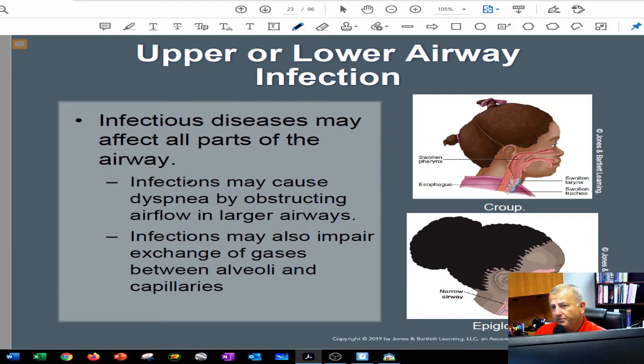We see the croup, most common in 2-year-olds and younger, a viral type infection. Common, that seal type cough. But then you have epiglottitis that we don't see as much anymore, thanks to vaccinations. Kids aren't dying from this anymore, and it's almost been wiped out.